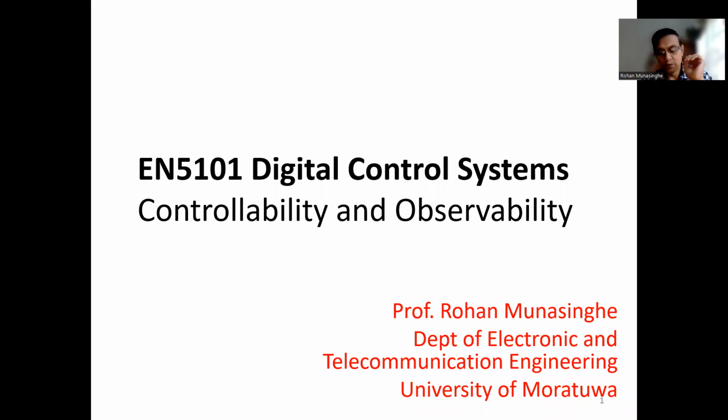Controllability and observability. These are two very important concepts in modern control systems. In fact, in the 70s, the whole field underwent a major change in the way we used to look at control systems, pioneered by Richard Kalman, and the modern control systems based on time domain analysis, state variables, state feedback, and of course, controllability and observability.